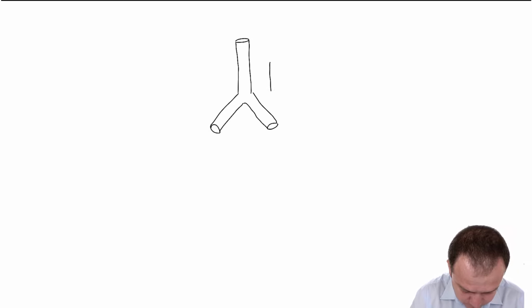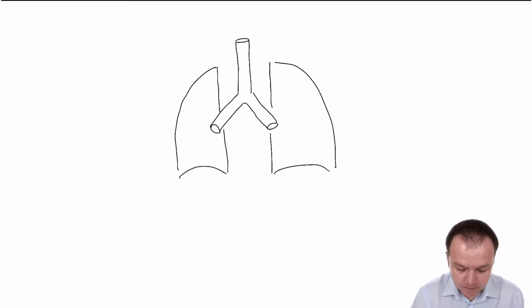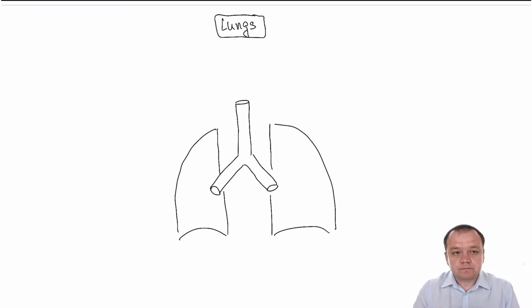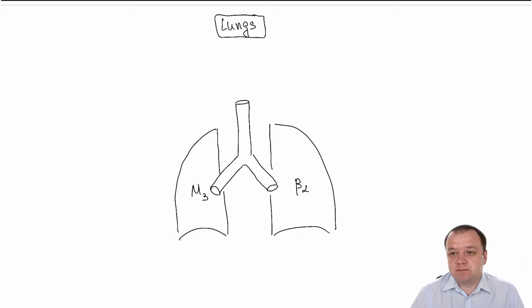So we have bronchi and we have lungs. What kind of receptors do we have in the lungs? In the lungs we have two types of receptors, M3 cholinergic receptors and beta 2 adrenergic receptors.